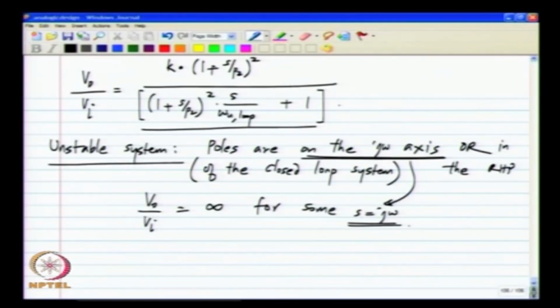We will set the denominator to be equal to 0 for some s equals j omega. So, what I have to do is substitute s by j omega in this expression and set the result to 0. As usual I encourage you to try this out before you look at my solution and find the condition for which it happens.